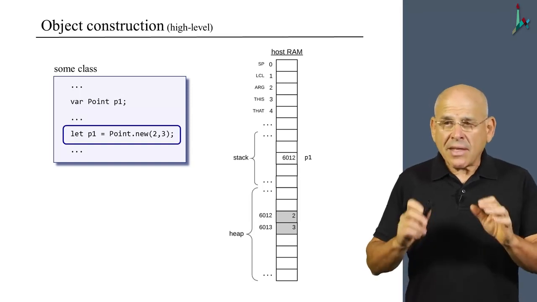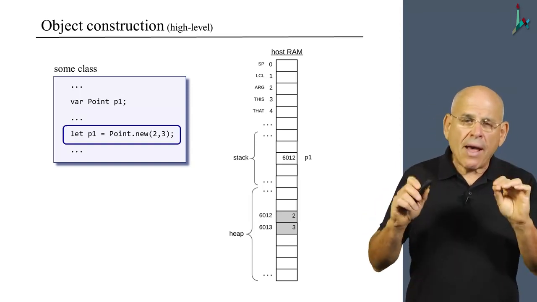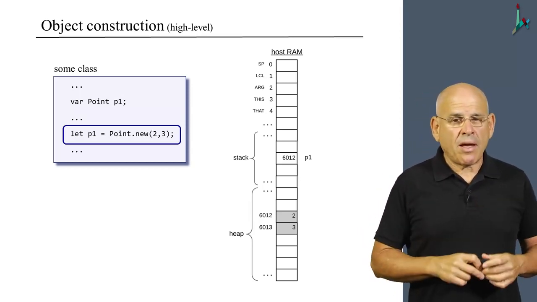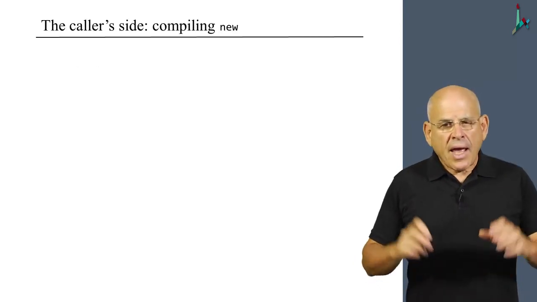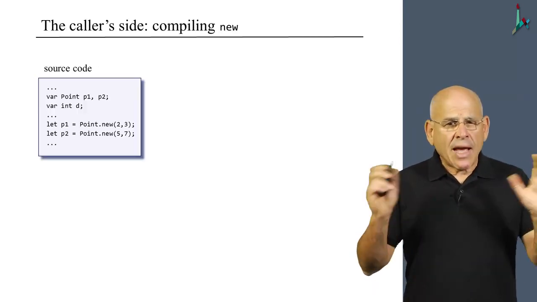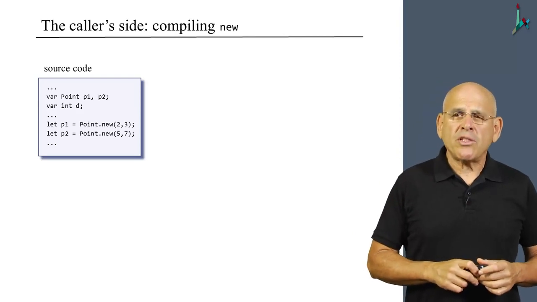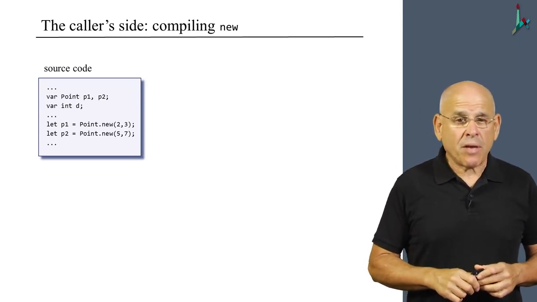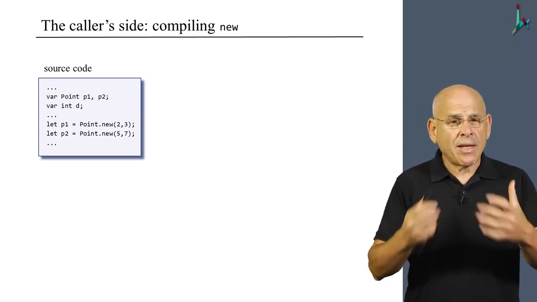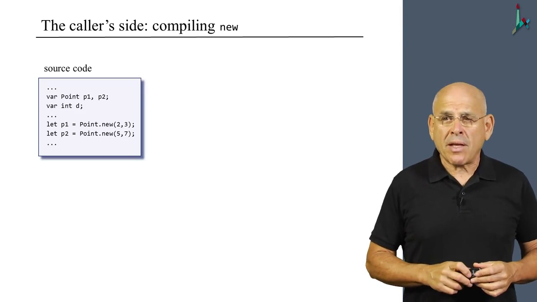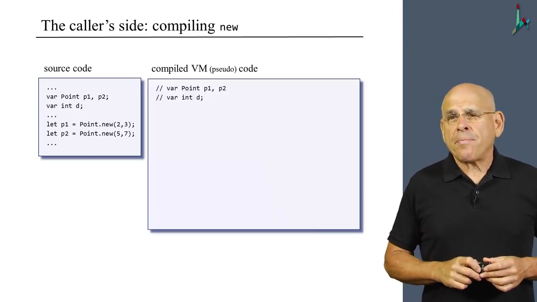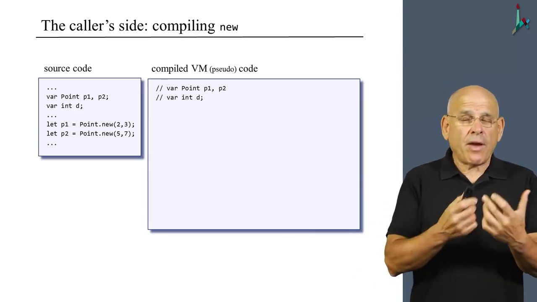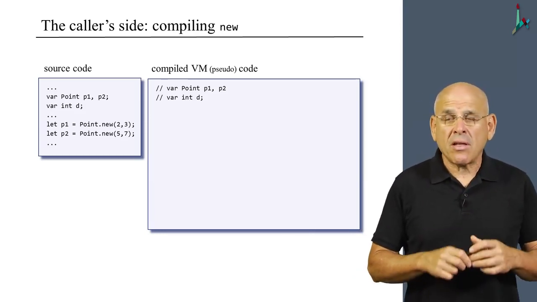And with that, let us now delve into compiling this particular method call, which happens to be a constructor call. And in order to do this, we will look at a slightly more interesting code in which we declare and create actually two object variables, P1 and P2, as well as one primitive variable D. And here is the compiled code that the compiler will generate from this particular high-level source code.